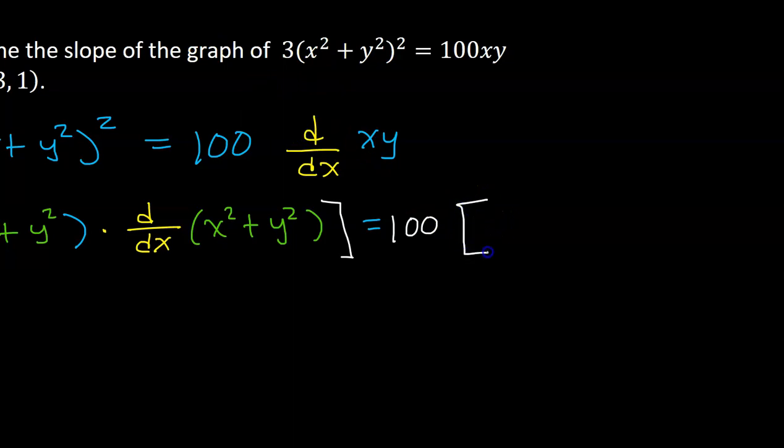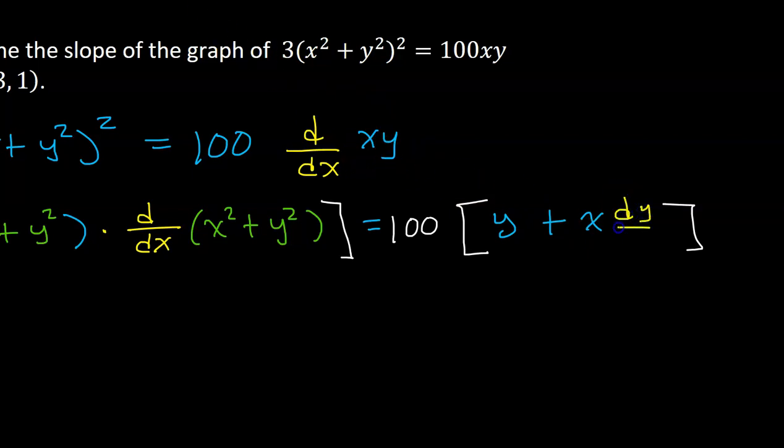So let's remember how the product rule works is that we wind up taking the derivative of each one in turn. So we're going to wind up doing the derivative of x times y. So the derivative of x is just 1, so basically nothing, and then times y, and then we'll do plus, and then this time around we leave x alone, and we do the derivative of y.